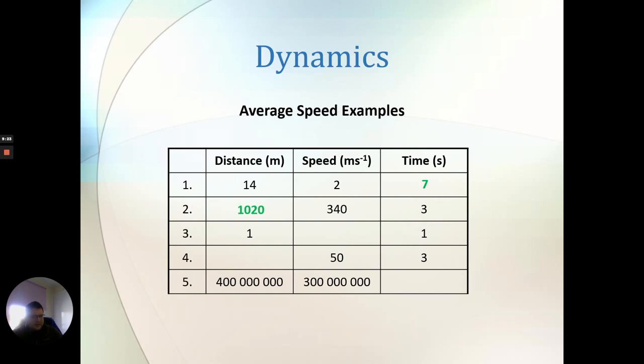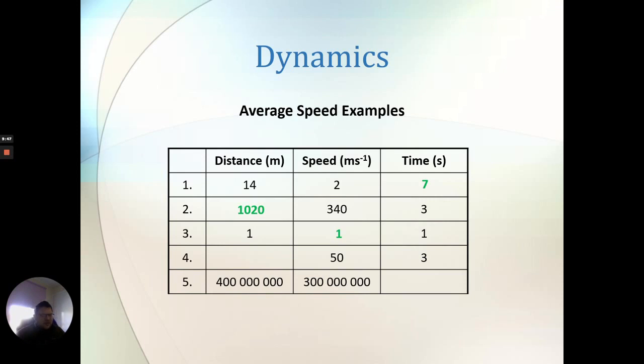If we're trying to find speed, speed is distance over time, which is 1 divided by 1, so speed is 1 metre per second. Remember, that's where the definition comes from. Okay, if you're travelling at 1 metre per second, you've travelled a distance of 1 metre in 1 second. If you're travelling at 50 metres per second, you travel 50 metres in 1 second.